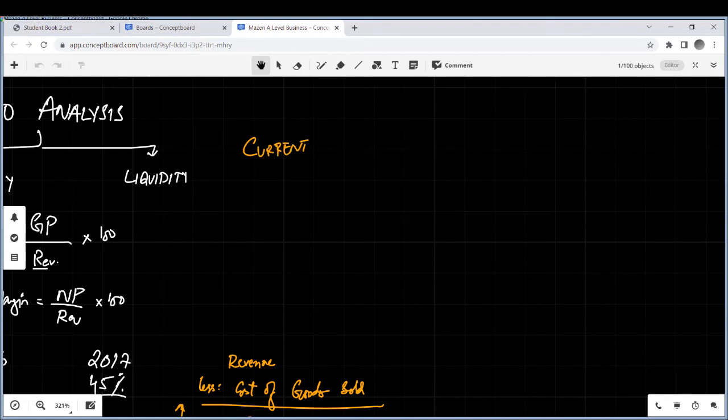And how do we calculate current ratio? Current assets over current liabilities.